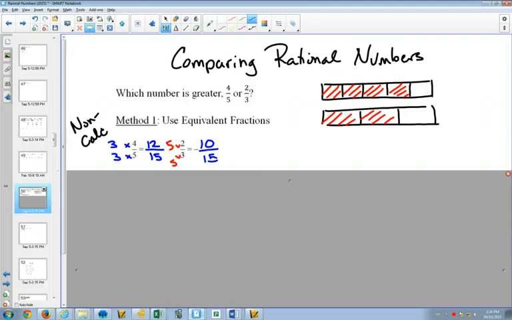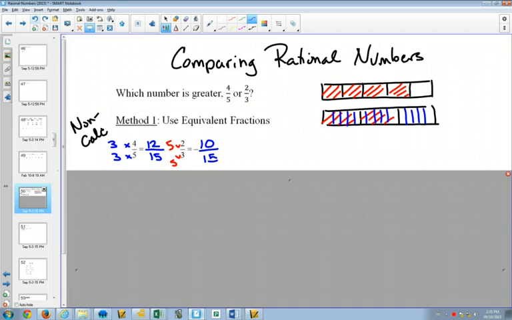Now that we have a common denominator, we're talking about the same sizes of pieces. Basically what we did with our chocolate bar is we took this one with thirds and divided them all into 15, sorry. We divided this one 1, 2, 3, 4, 5, 1, 2, 3, 4, 5, 1, 2, 3, 4, 5, and we had 15 pieces.